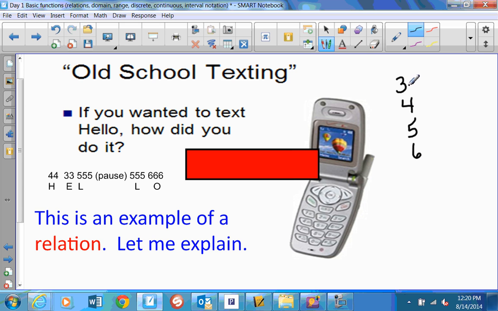The 3, I had to push twice, but it got me an E. If I pushed it another time, that's all it gave me. Then 4 gives you H's.